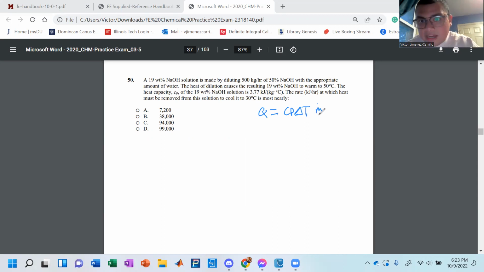But what is m dot, first of all? Well, m dot, according to the equation, is the resulting 19 weight percent solution of NaOH. Now, the next thing you've got to think about is how the heck do I get that? Well, it's not as hard as it seems. It's kind of just thinking of M1V1 equals M2V2 in a dilution, kind of like in basic chemistry.